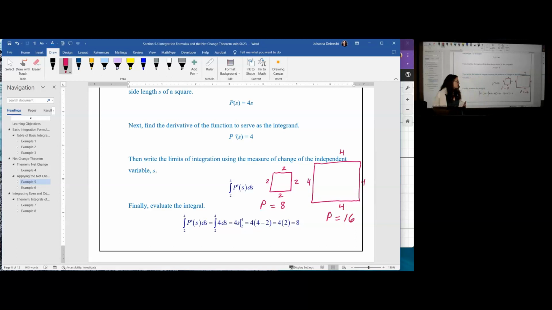And the change is 8, between the 16 it ended up and the 8 original. And remember, this is the ending value, f of b, minus the beginning value, f of a. And this gives us the 8.